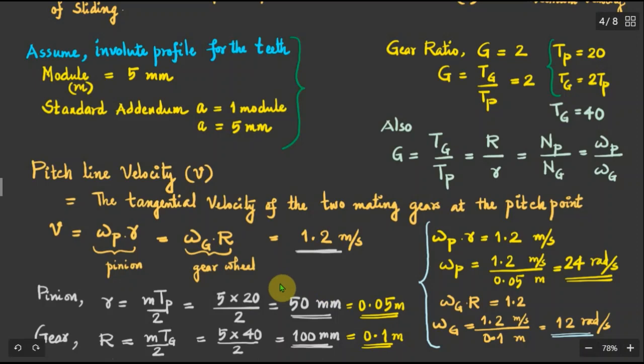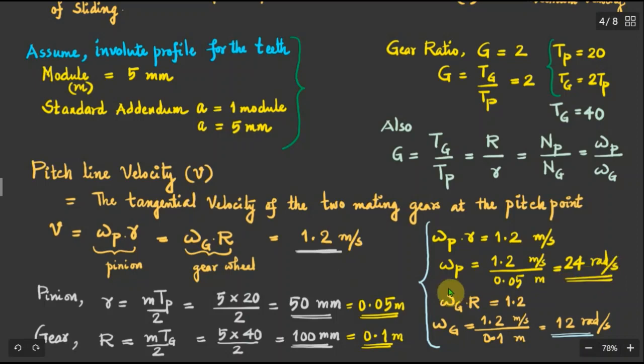Now you substitute in this relation for pitch line velocity: omega p into small r is equal to 1.2, so omega p is equal to 1.2 divided by small r. Remember, pitch line velocity is in meter per second. Therefore, when you substitute here, the radius also must be in meters. So omega p is equal to 1.2 meter per second divided by 0.05 meter, which gives 24 radian per second.